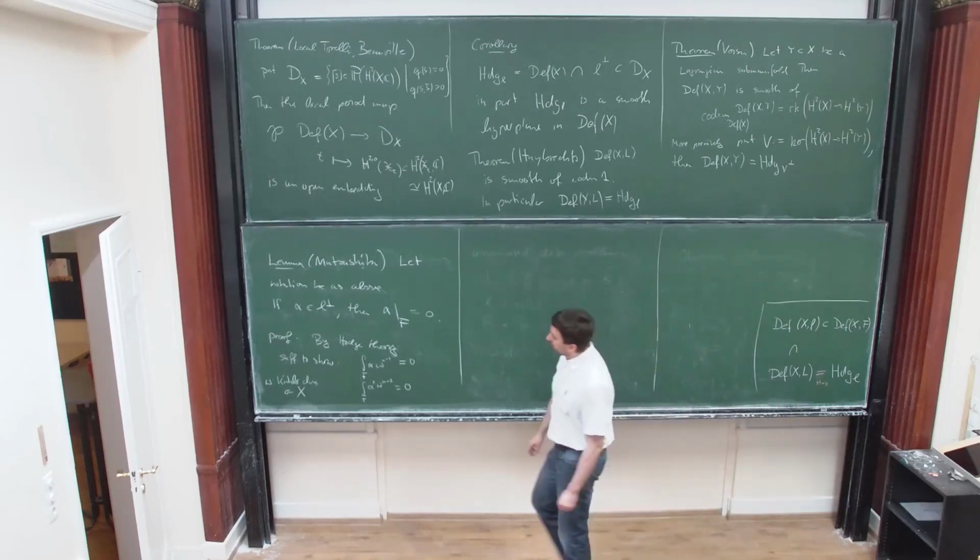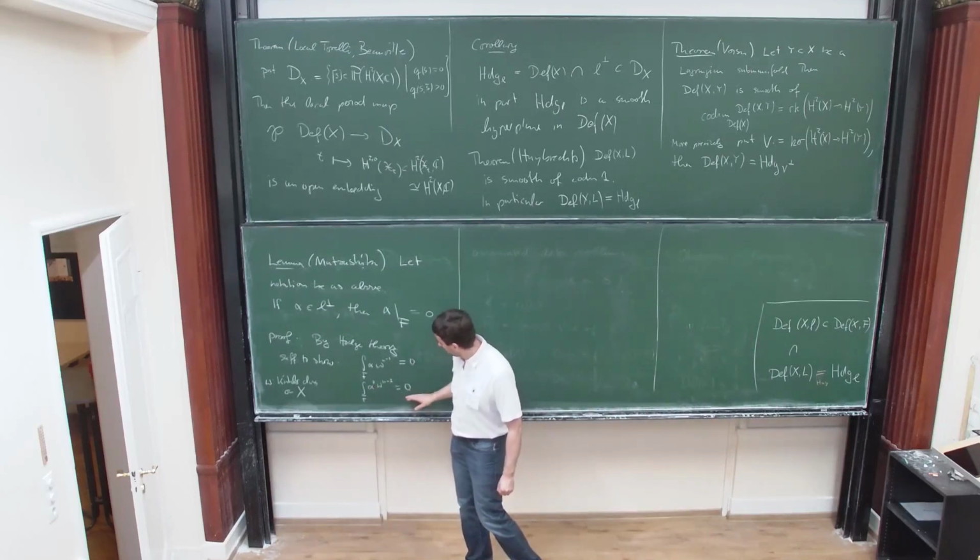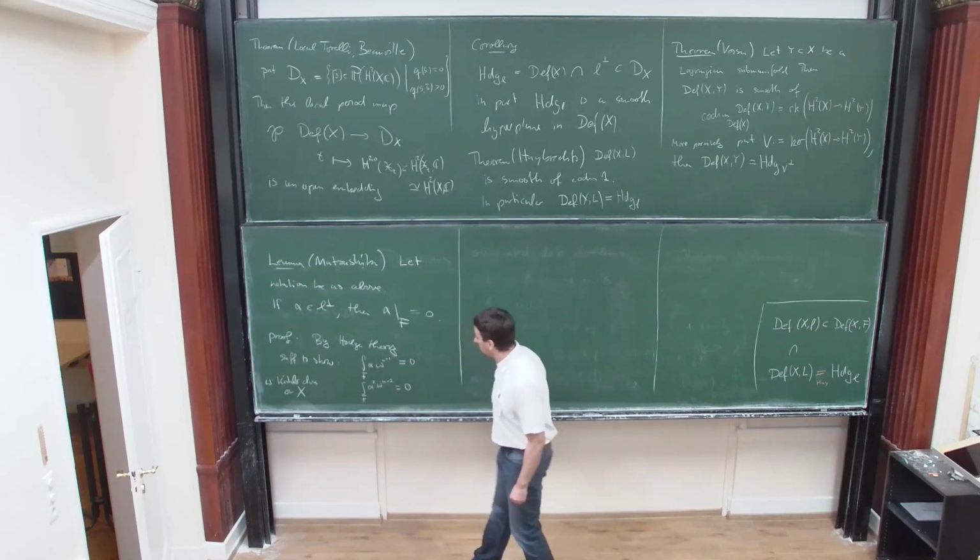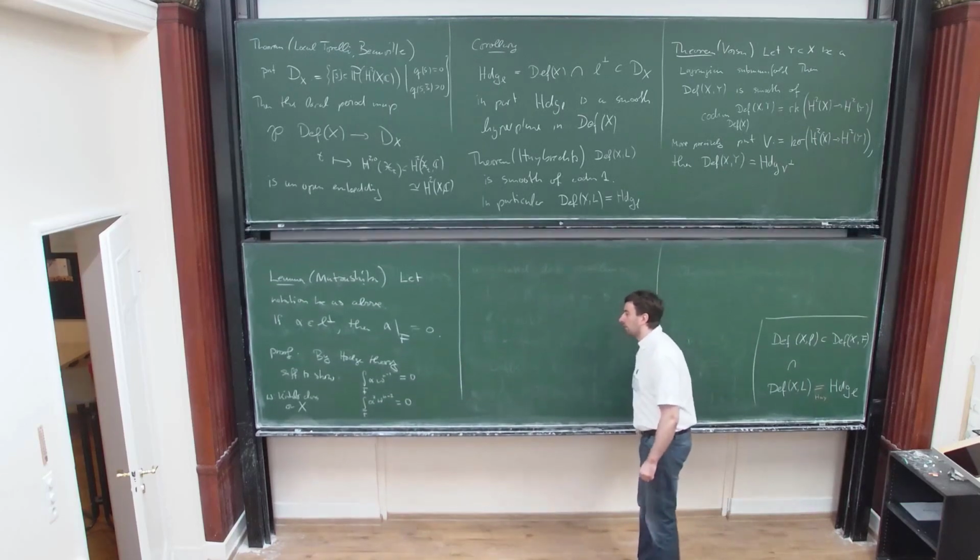Therefore, if something vanishes, then it has to be 0. All right.